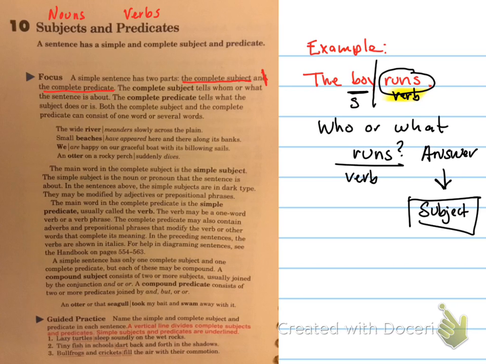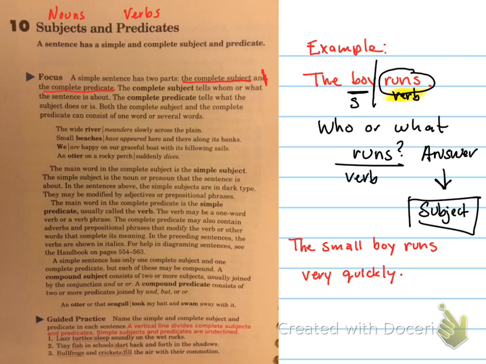Now, if we want to add more to our sentence, the small boy runs very quickly. Okay, I'm going to do the same thing.